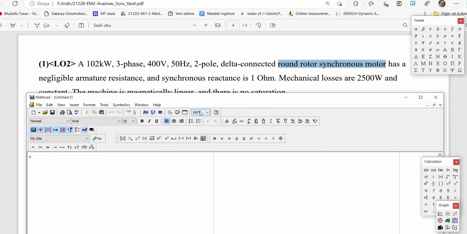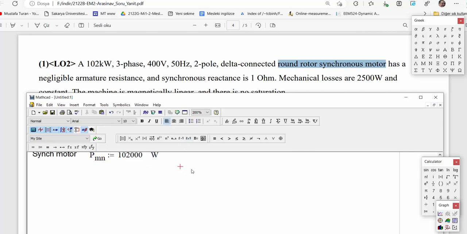We have a synchronous motor, or synchronous machine operated as a motor, having some ratings. Mechanical output power, that is the rated power, 102 kilowatts. I write it down as watts, not to be confused.